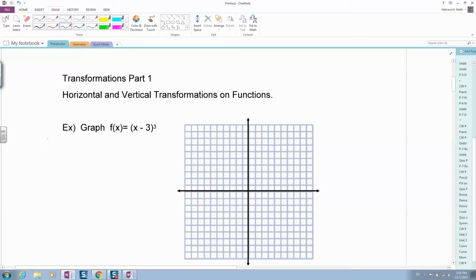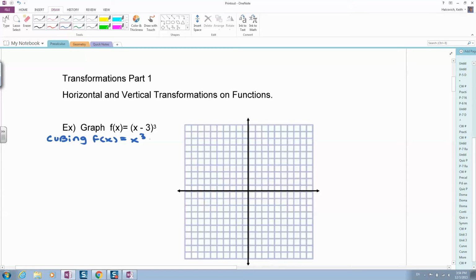The first thing you want to do is identify what function this is. This is the cubing function. It's normally f of x equals x to the third, but notice inside the function, in the parentheses, they subtracted 3. Now we're going to learn how this minus 3 works, but let's say you didn't know.